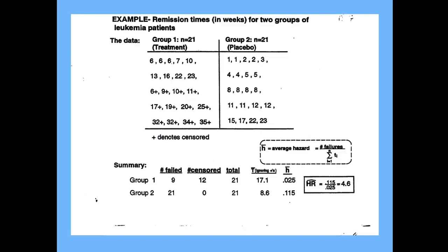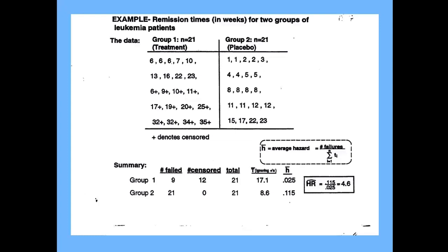The thing you might want to measure to compare the two groups is something called a hazard rate, an average hazard. To compare the two groups, you typically take a comparison of the hazards, and so one hazard divided by another is called the hazard ratio. That's the main measure of effect that we're going to be dealing with when we talk about survival analysis.